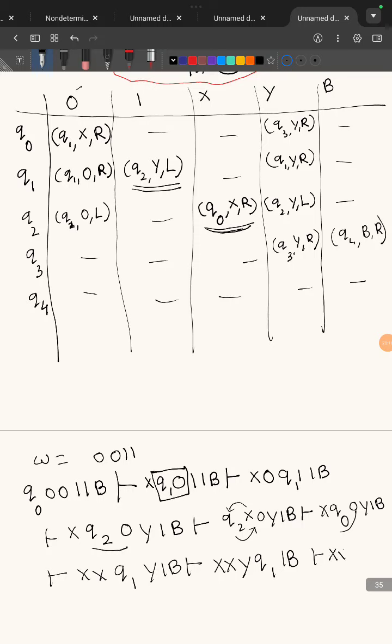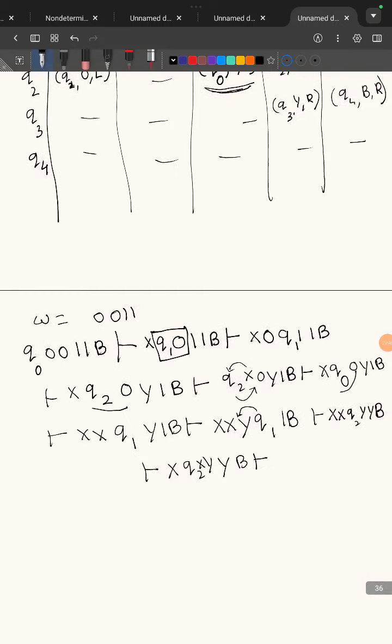So it will be basically X X, your pointer will come over here, so it will become Q2 Y Y B. Now we are in Q2. Y is the input symbol. We will move towards the left, so it is X Q2 X Y Y B.